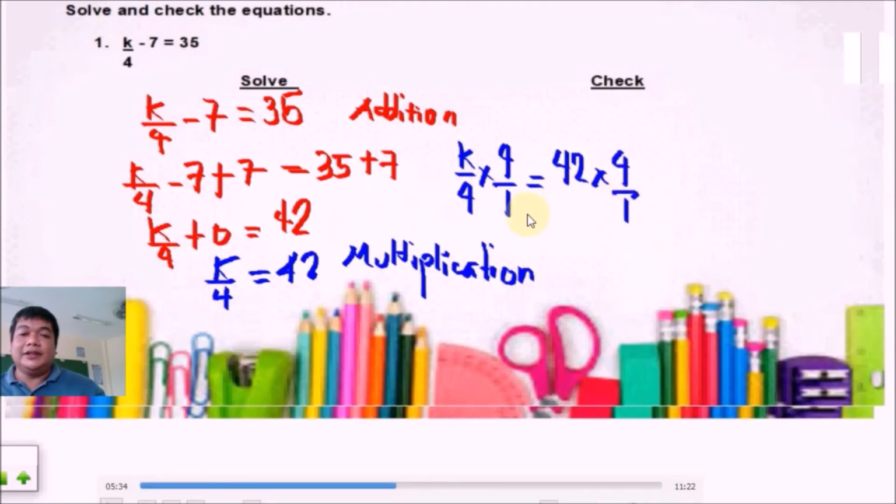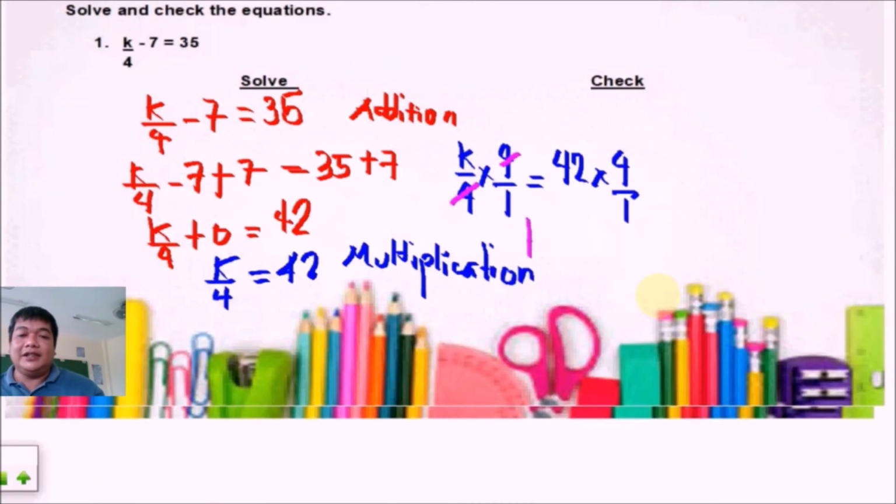Okay. Next, k over 4 times 4 over 1: 4 times 1 is 4, so cancel the 4. Then the remaining is k over 1, or k. So you're going to multiply the whole number by this fraction.